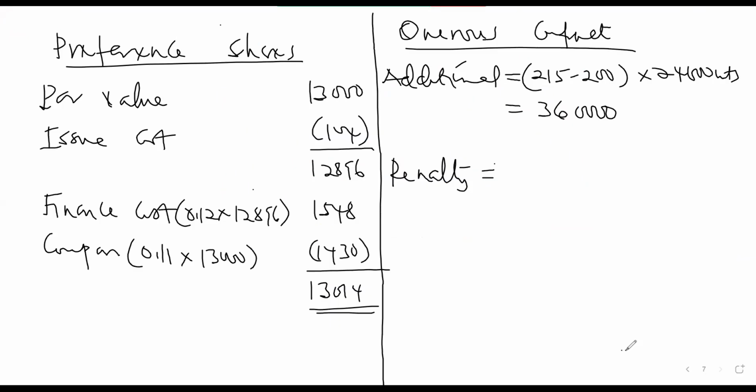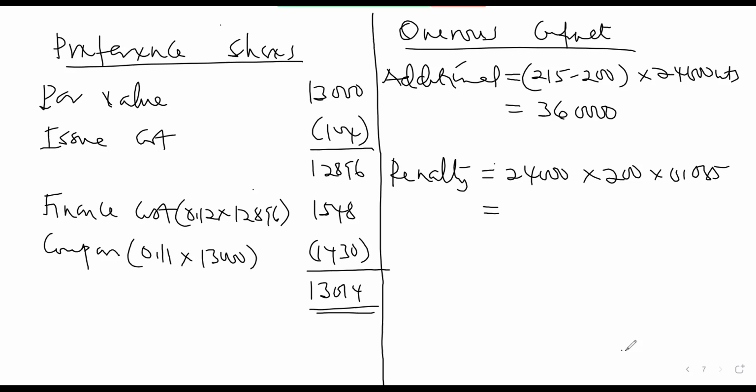So we find the total selling price of the remaining quantity. It will be 24,000 units multiplied by 200. That will be the total proceeds that we will be receiving, multiplied by 0.085.